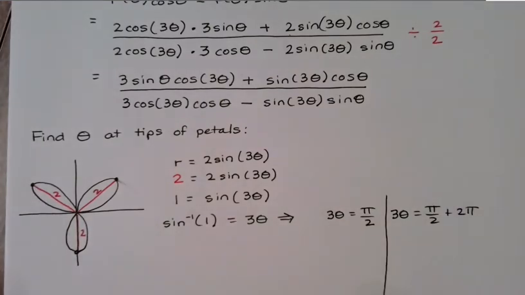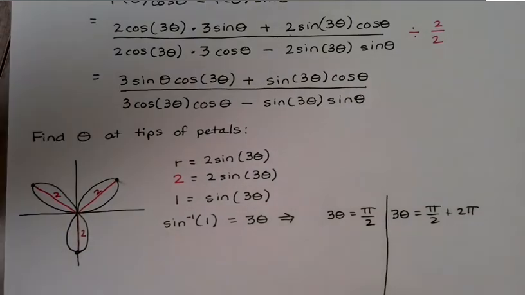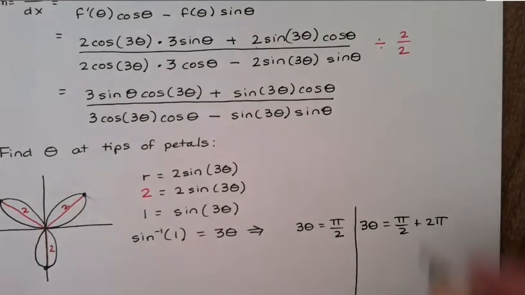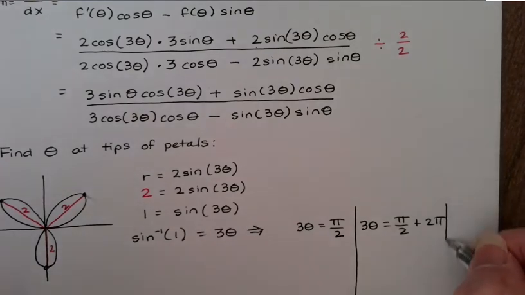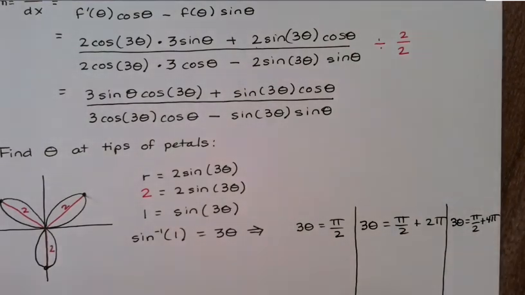Or I could go around twice more, and I'd have 3 theta equals pi over 2 plus 4 pi. Okay, that's just going around the circle multiple times. I know I need 3 answers because I got 3 places on my rose curve where the length of the petals is 2.